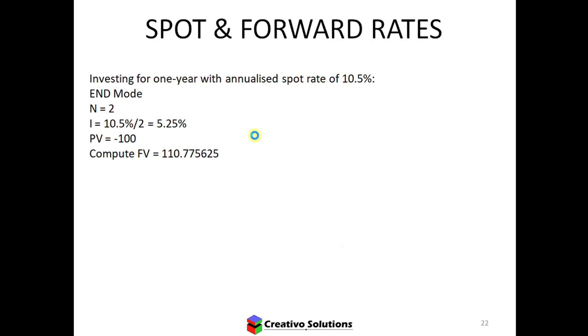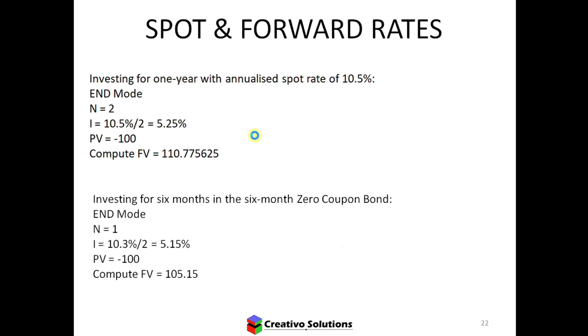If I invest for 1 year, obviously the annualized spot rate was 10.5%. So if I use the end mode function on your calculator, so don't change the settings, and I use n as 2, and I work out my annualized spot rate based on those 2 semi-annual payments, I'm going to get a future value of 110.775625.